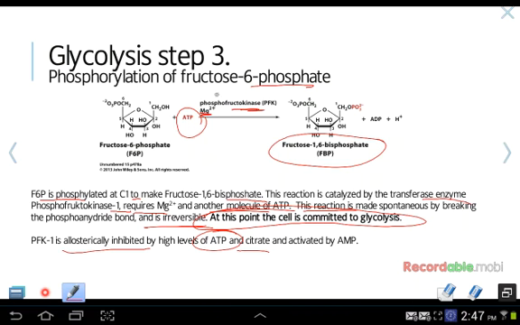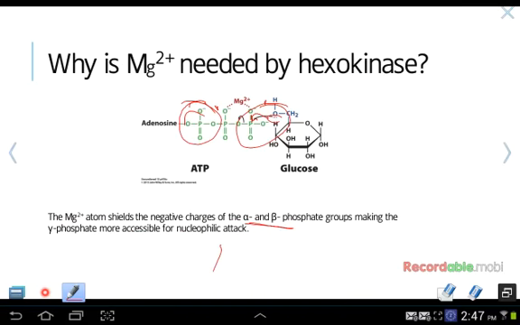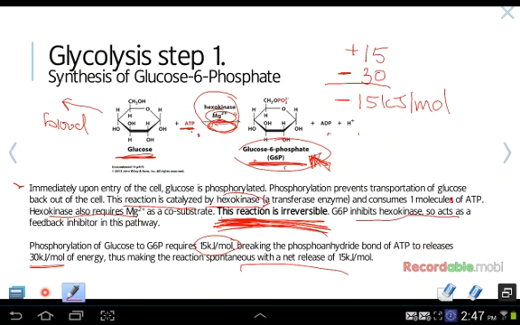So once we turn off phosphofructokinase by inhibiting it, we'll get a buildup of fructose 6-phosphate, which will then convert back to glucose 6-phosphate. We'll get a buildup of glucose 6-phosphate, which will then inhibit hexokinase, and once we inhibit hexokinase, the glucose that builds up in the cell will then be transported back to the blood.